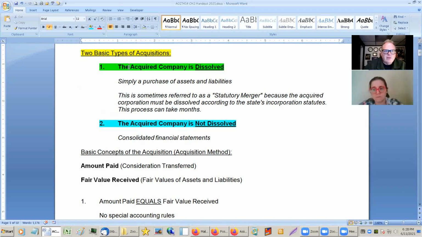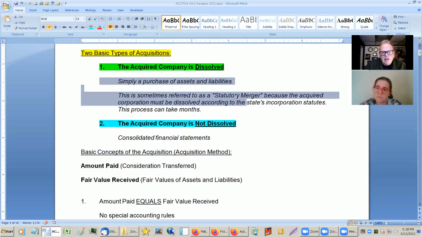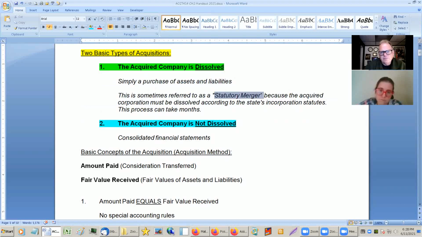So the two types of mergers: the one where you purchase all the assets and the liabilities. You generally don't purchase it as a going concern because you're not going to run it as a going concern. This is sometimes called the statutory merger. You buy the company, take all their assets and all their liabilities, and that corporation no longer exists, and everything they have is put into your company, under your corporation.